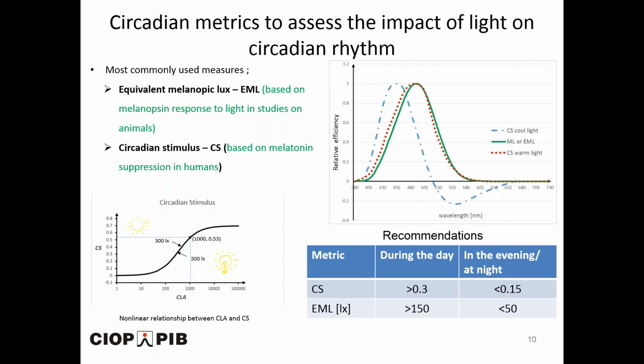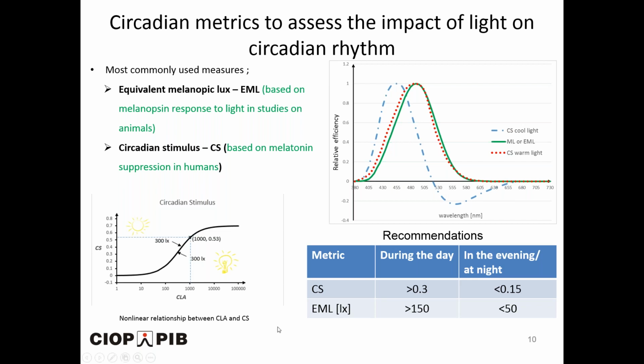The values of CS are within the band from 0.1 to 0.7 and can vary. Different irradiance values can lead to different CS values depending on the spectral distribution of the light we are measuring.